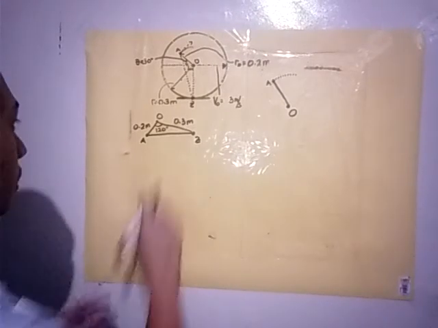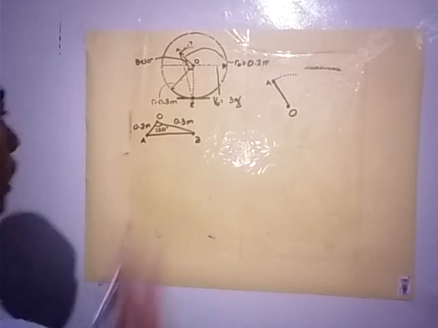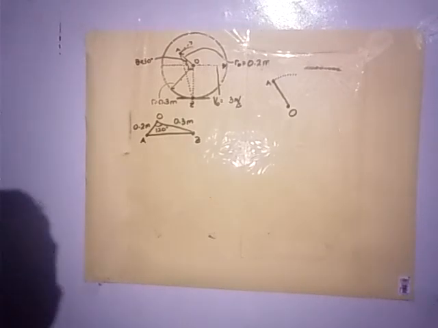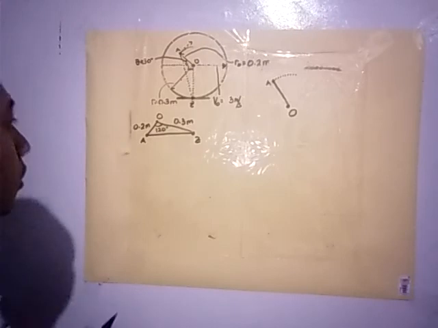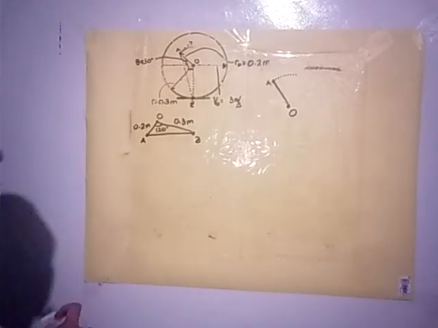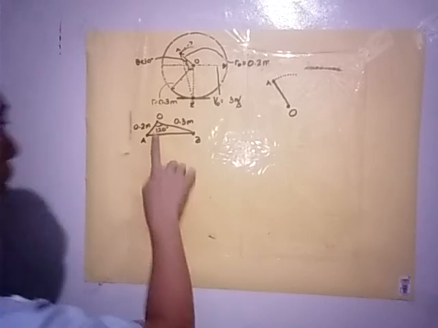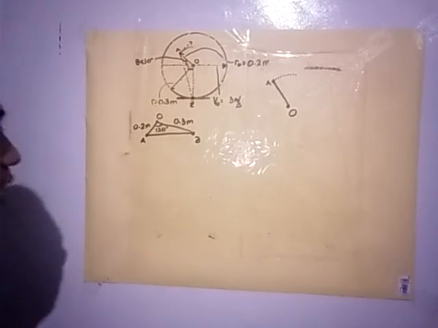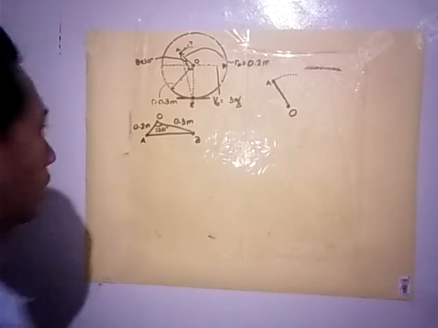So computing AZ, this is not a right triangle, so we will be computing it by the use of sine law or cosine law. In this situation, we are given two sides and one adjacent angle, so we will be using the cosine law.